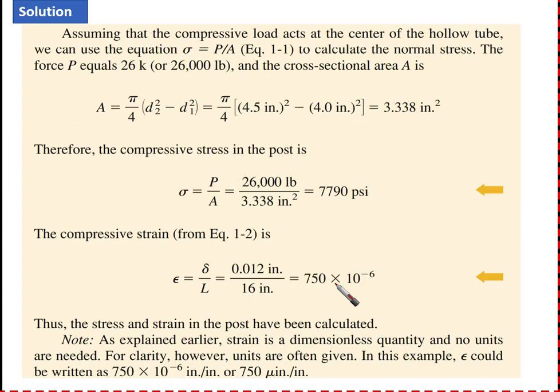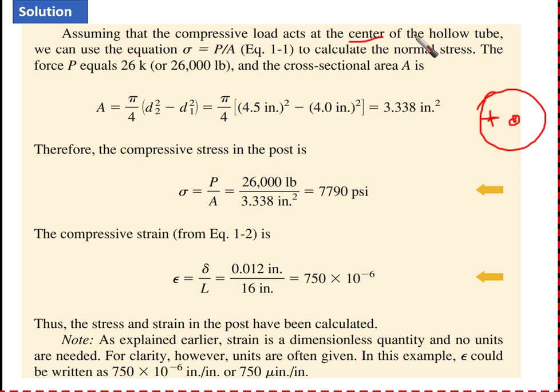First of all, we assume that the compressive load acts at the center of the hollow tube. This is very important. We are not assuming that the load is here, for example, because if it's here and the centroid is here, this means that there is a bending moment. So we need to be careful and assume that the load is applied at the center.